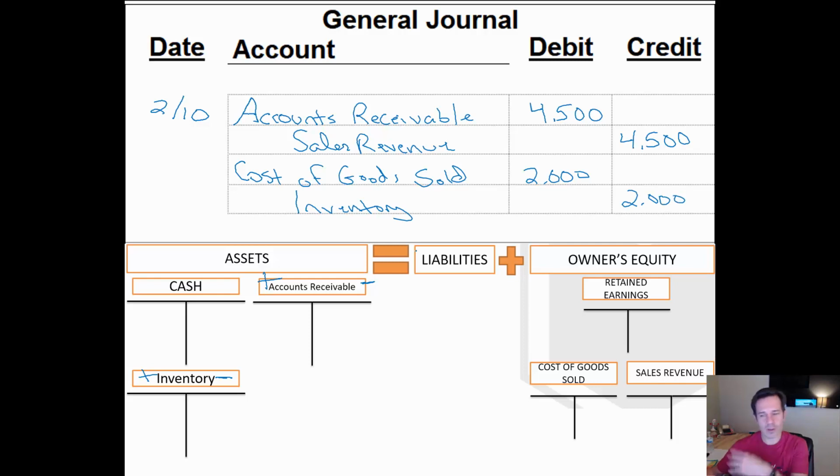So I'm going to post all these to my little ledger accounts I've got going on here. I had $4,500 debit to account receivable. Throwing that into sales revenue on the credit side, I had $2,000 debit to cost of goods sold. Taking that out of inventory. Right on. Posting, I do it exactly like I made my journal entry. I just take that entry and bump him on down. If it's a debit in my entry, it's a debit when I post it. I don't need to flip anything.